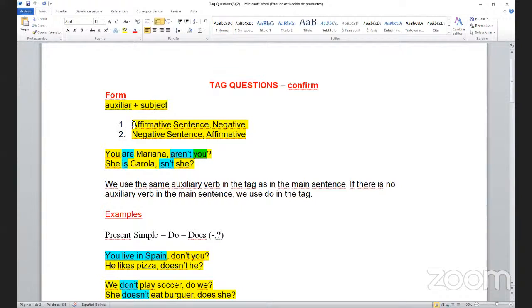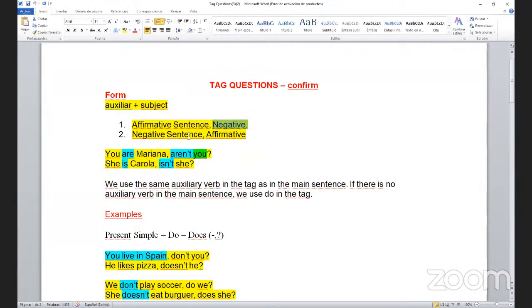First, I have to know two things. If my sentence is affirmative, my tag question is going to be in the opposite way. My sentence is affirmative, so my tag question has to be negative.